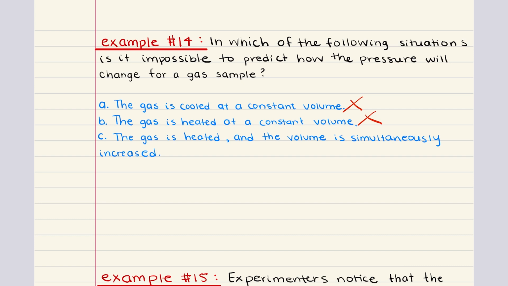If the temperature increases more significantly than volume, then the pressure may increase. If the volume increases more significantly than the temperature, then the pressure may decrease. Without specific details on the magnitude of these changes, it's impossible to predict the exact outcome for pressure. And so the correct answer here for 14 is going to be C.